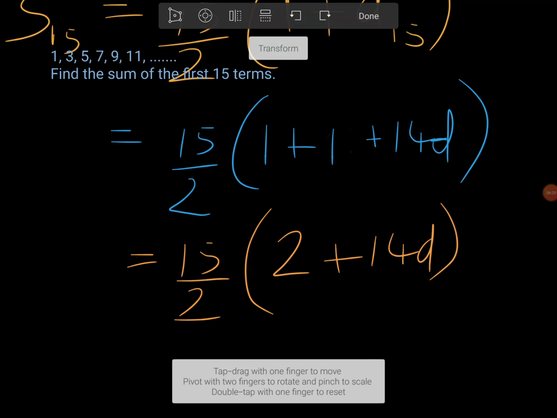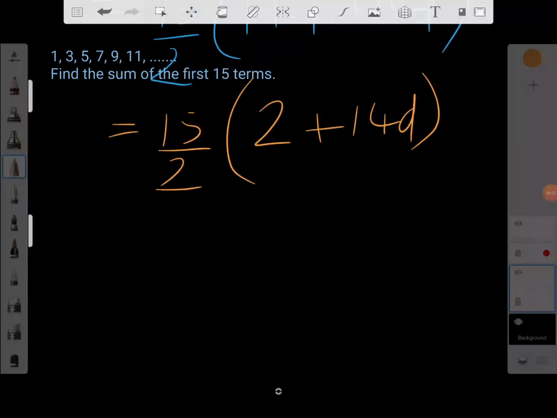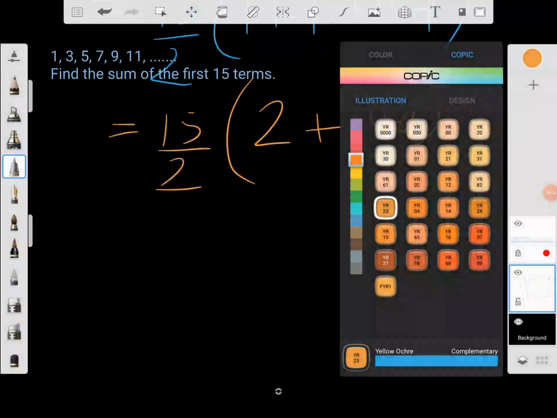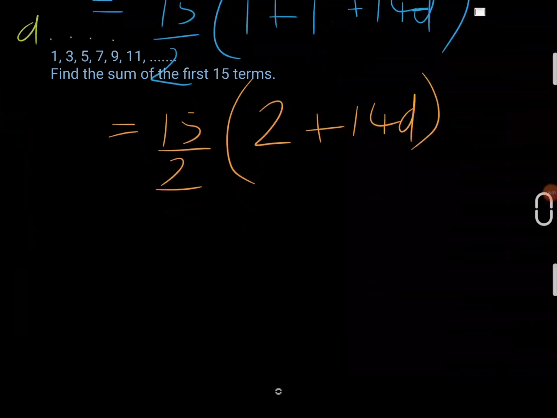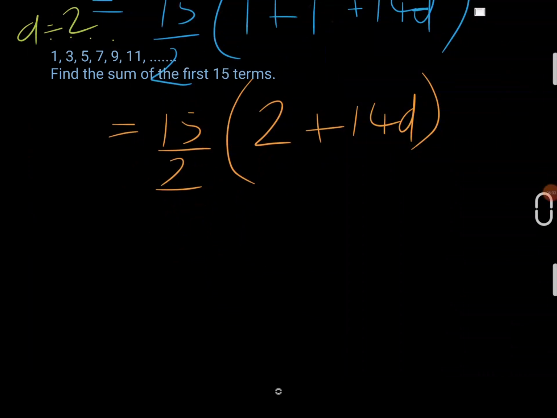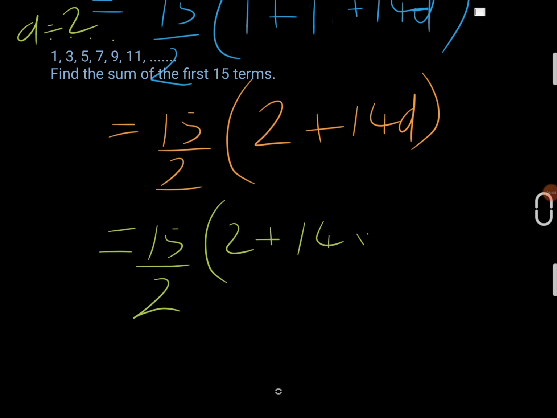Now, what is our d? Because the series is 1, 3, 5, 7, d is 2: 3 minus 1, 5 minus 3, 7 minus 5, 9 minus 7, all is 2. So this is equal to 15 by 2 into (2 plus 14 into 2). Let me put that in a bracket so you won't get confused.